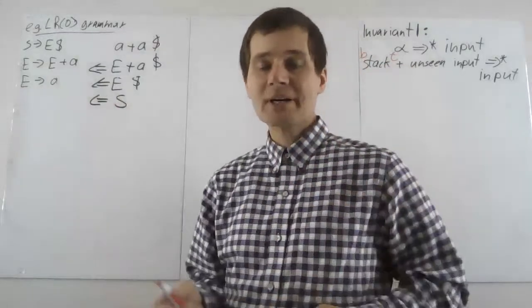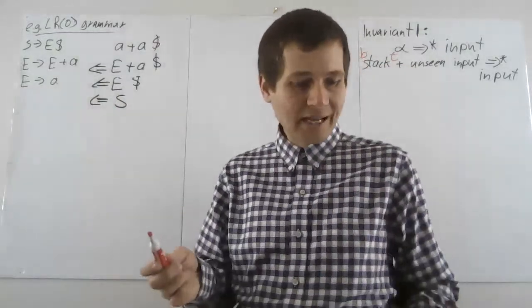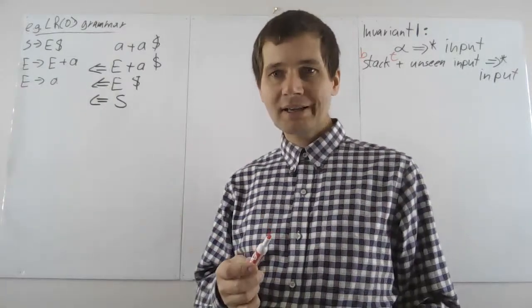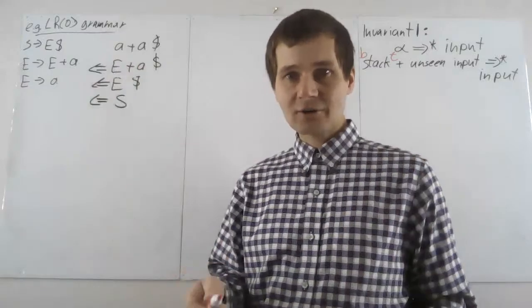Okay, and that operation is called a reduction operation. And so now, we just need to put that together, and the algorithm is just going to be doing reductions and shifts at just the right time.